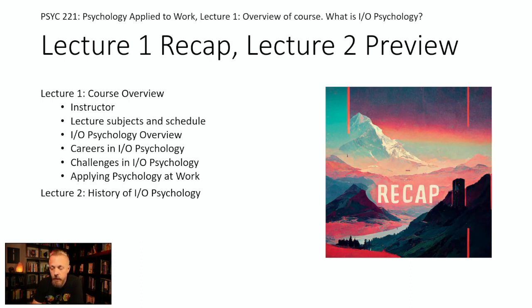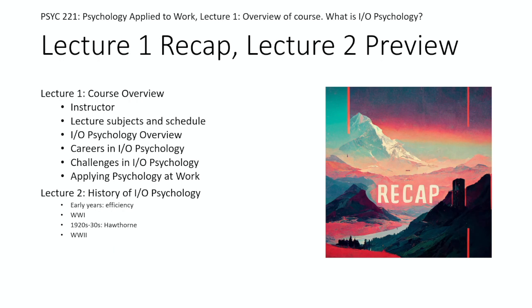In the next lecture, we are going to stay on chapter 1, but we're going to look at the history of IO psychology. That includes the early 20th century focus on scientific management and efficiency; World War I, where assessment techniques were developed for figuring out where recruits should go; and then the Hawthorne studies and the famous Hawthorne effect. Then World War II, and one of its big impacts was the emergence of engineering psychology.